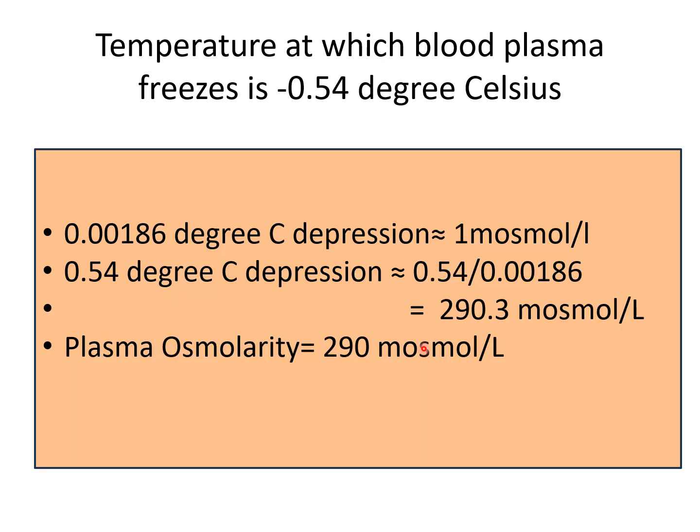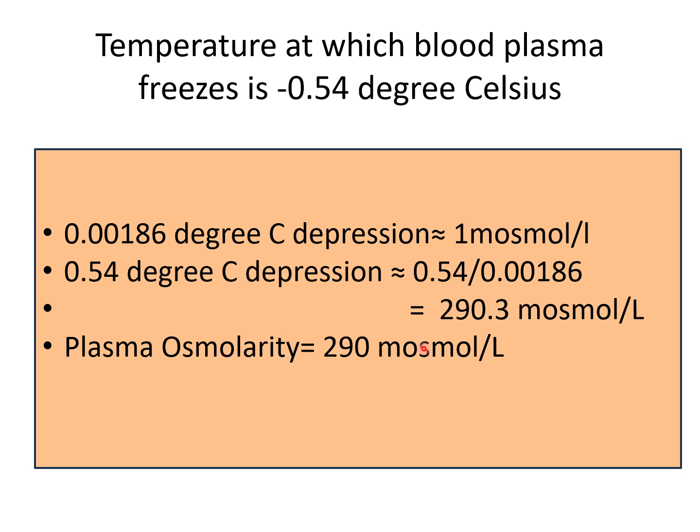So we know that if the concentration is 1 milliosmole per liter, then the freezing point depression is 0.00186 degrees. So 0.00186 degrees of depression of freezing point means 1 milliosmole per liter concentration. So 0.54 degrees centigrade of depression means 0.54 divided by 0.00186.